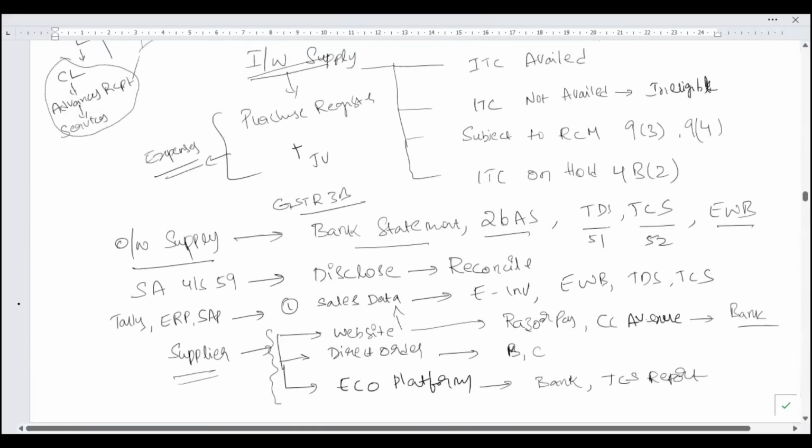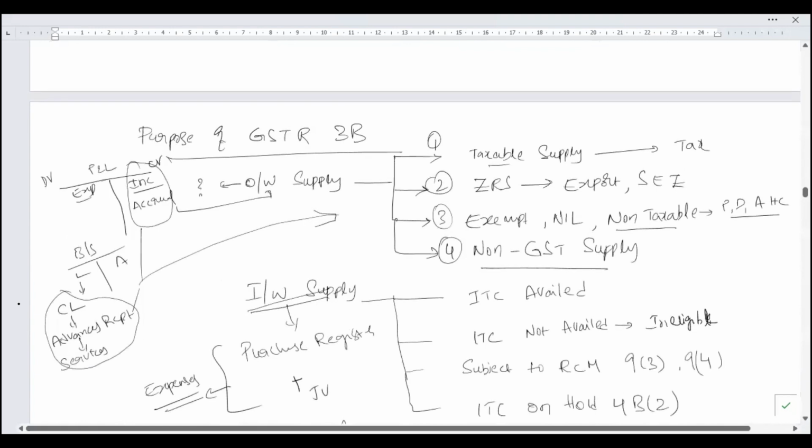Coming back. In this disclosure, what I have written 1, 2, 3, 4, the fifth limb is the one where I disclose how much is my turnover where tax is paid by the e-commerce operator. So when you look at my turnover, for example, in a hotel business, I could have a restaurant where people come in, self-service and service mode both.